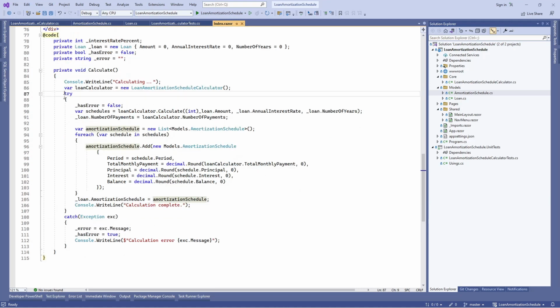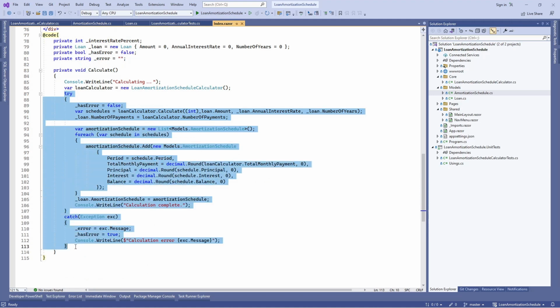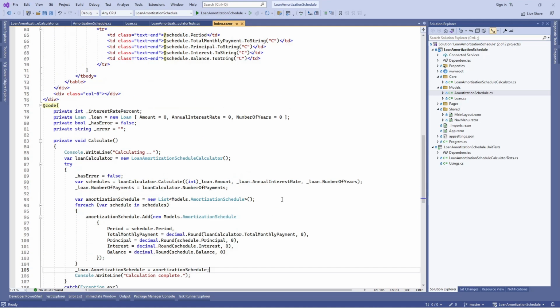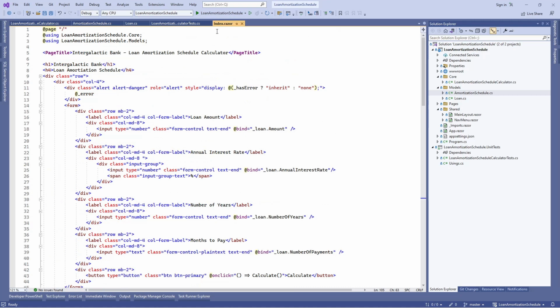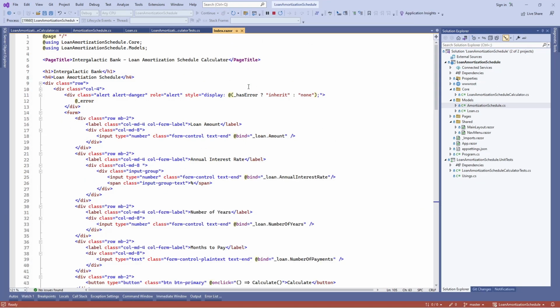This is pretty much the core of this application. Simple. So if we run this, we should hopefully see the output.